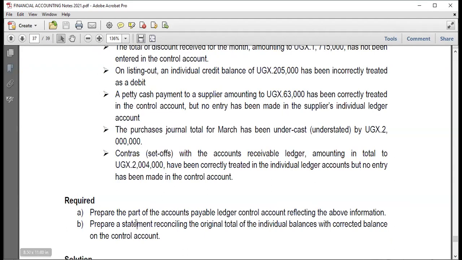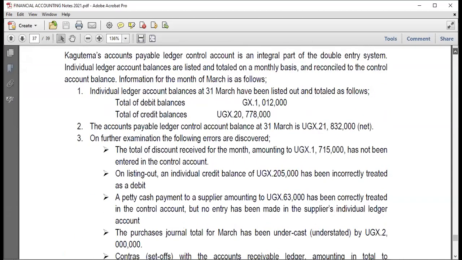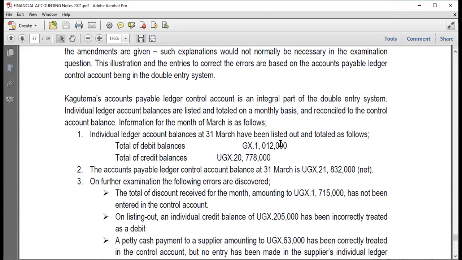So the other question was asking us to prepare a statement that reconciles the total of the individual balances, which is the ledger account. Basically, they want a statement that reconciles this total. This is the debtors balance, but then we also have a creditors balance.